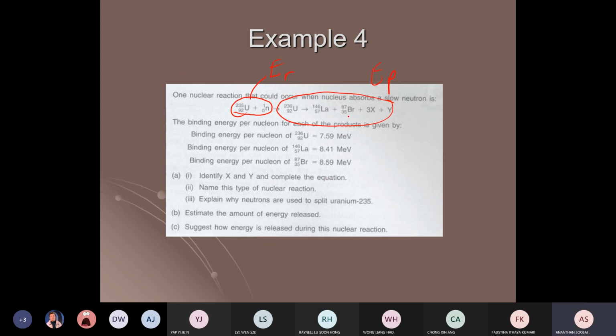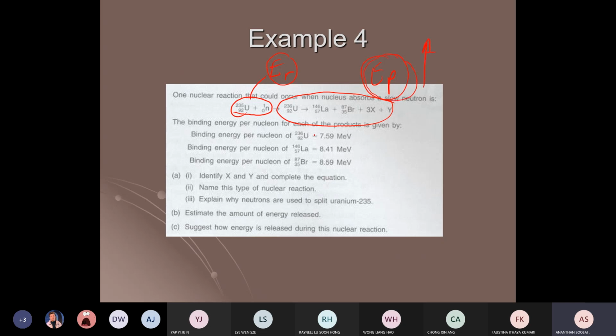Let's say this is a fission process. Of course, energy is released. If energy is released, which total binding energy is greater? Just now I told you, the product has a greater binding energy.